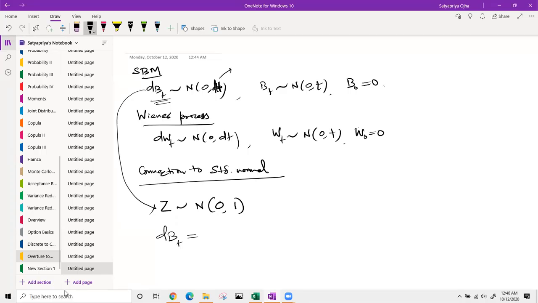This is not standard deviation, this is variance. Z times square root of dt.